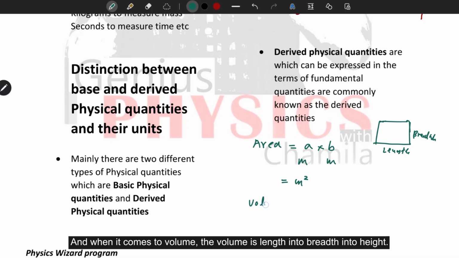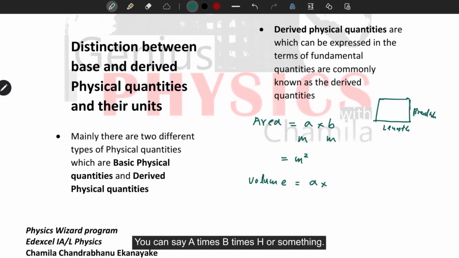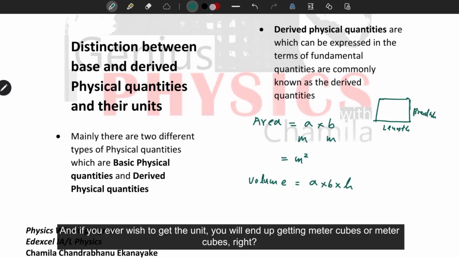And when it comes to volume, the volume is length into breadth into height. You can say a times b times h, and if you ever wish to get the unit, you will end up getting meter cubed.